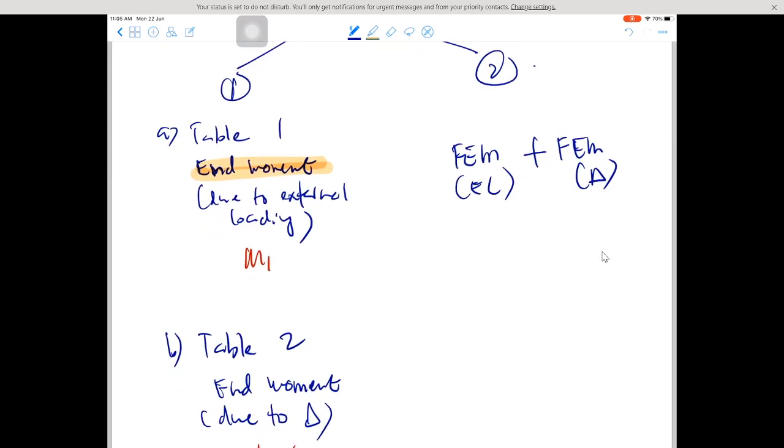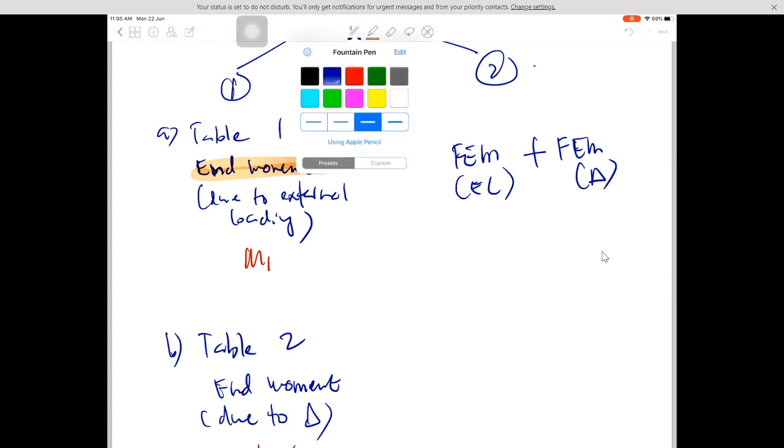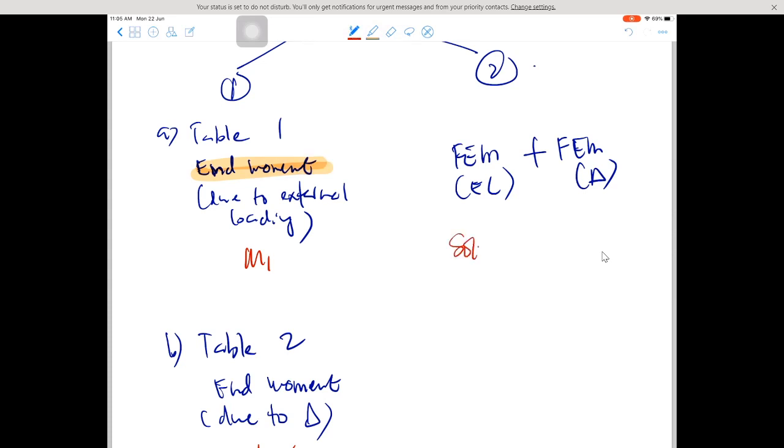For option number 1 we will calculate using two tables, and at the end of the analysis we will combine M1 plus M2. And for the second option, we combine FEM, then we solve using one table only.